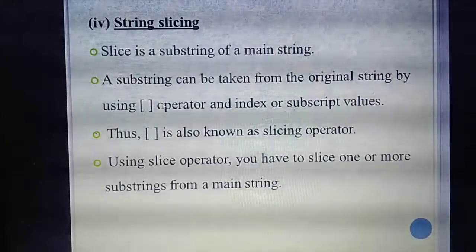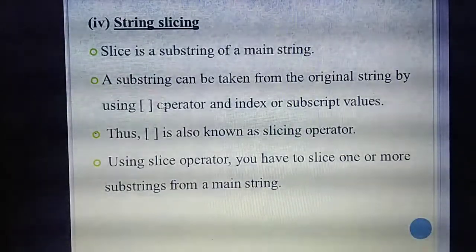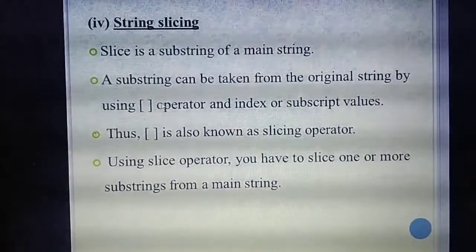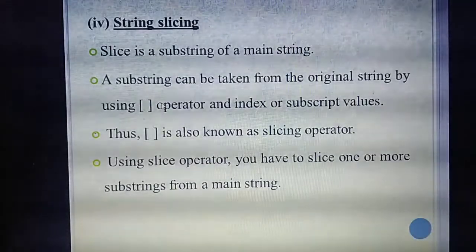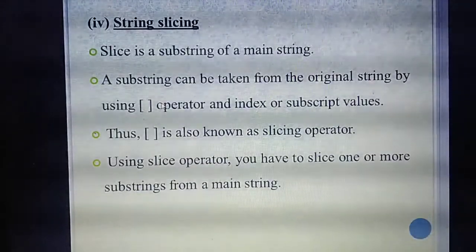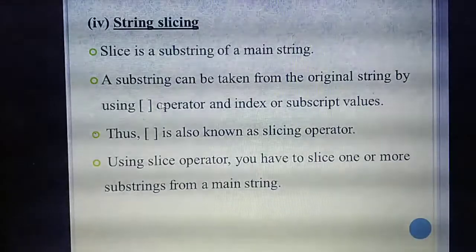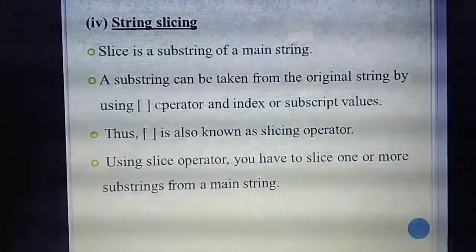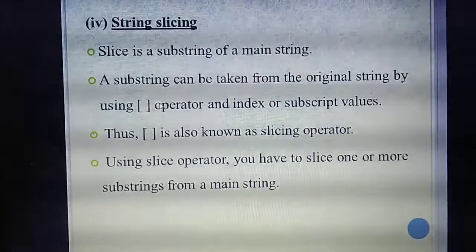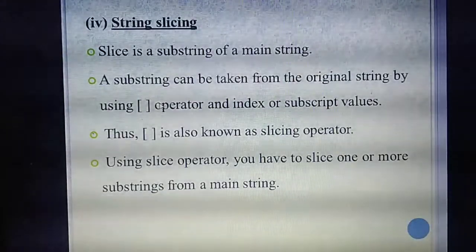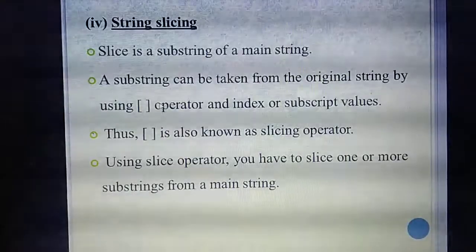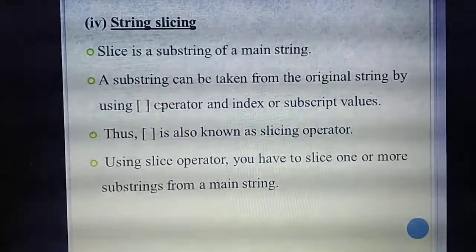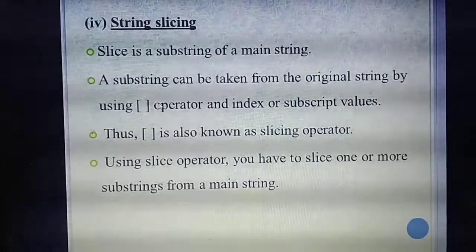Using this operator you can slice more substrings from the main string. In the example they have given, by seeing this example you can understand easily. So what's the fourth thing? String slicing. What do you mean by slice? Slice means you take or cut some string from a main string. The string you take from the slice, we are calling a substring.